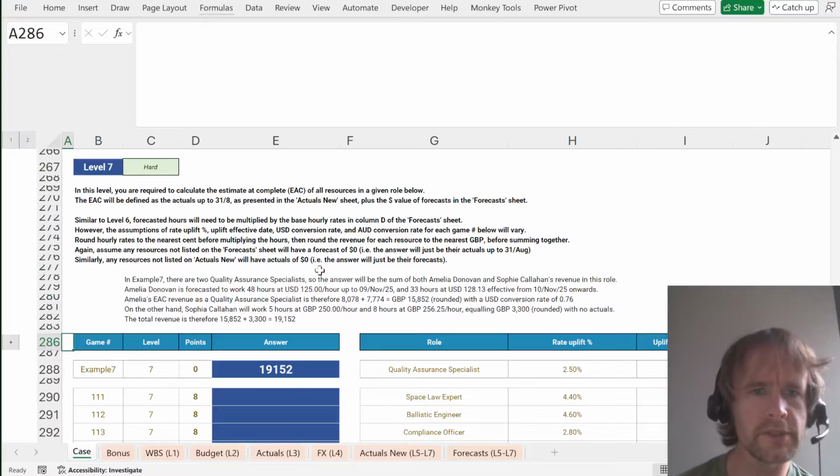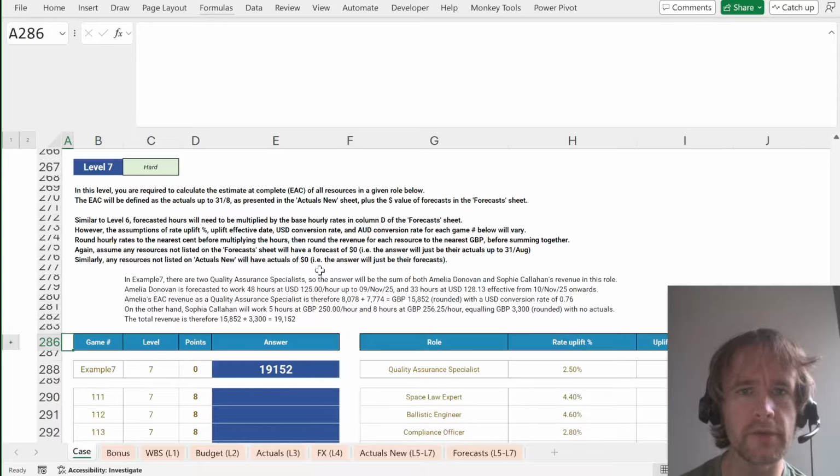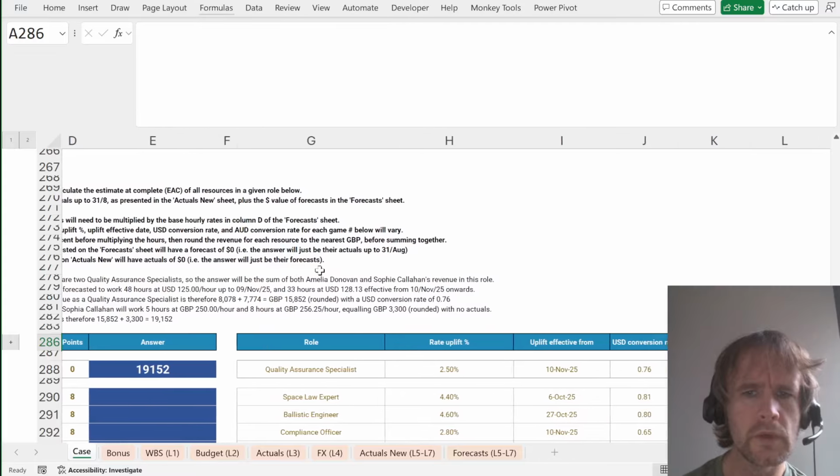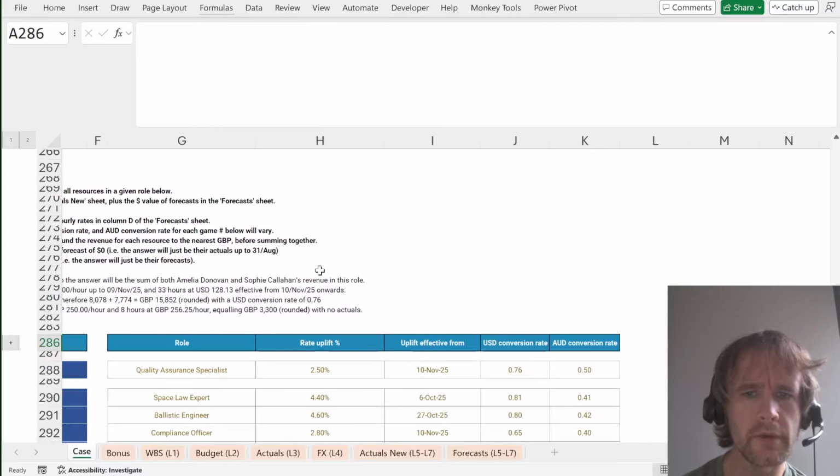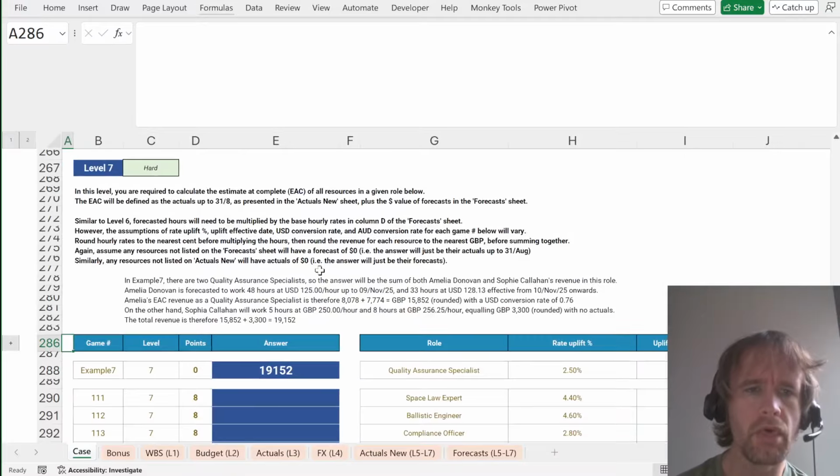Okay, level 7. Calculate the estimate at complete of all resources in a given role below. Oh dear lord.